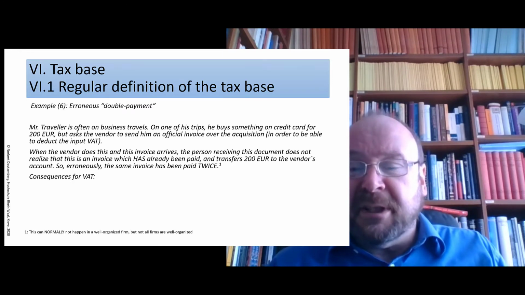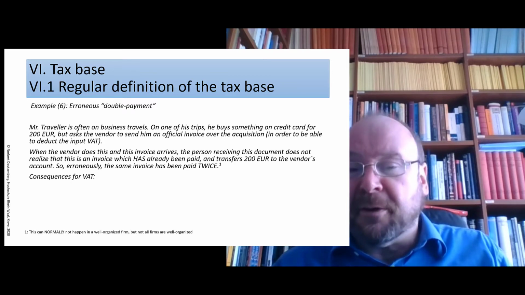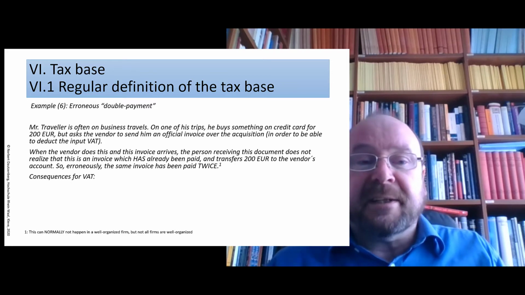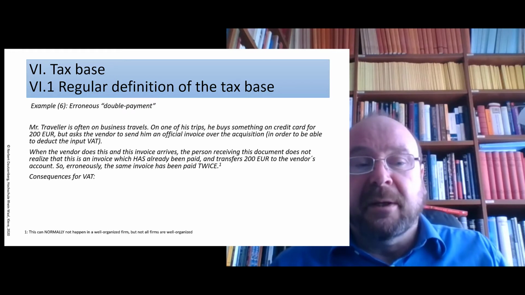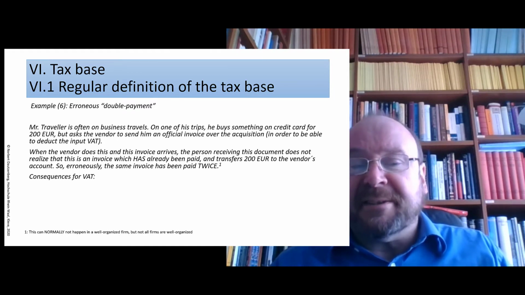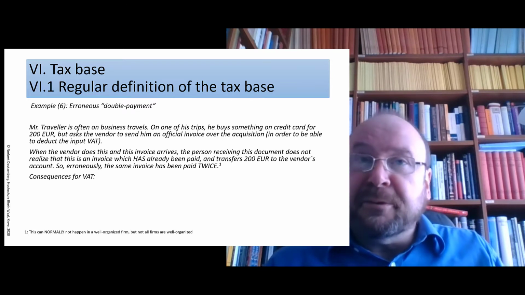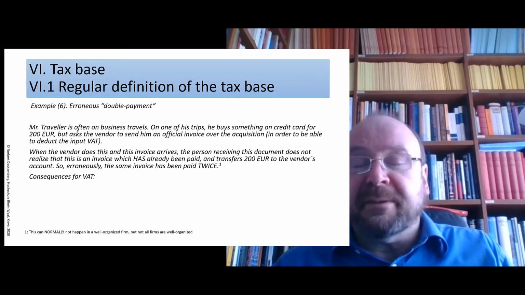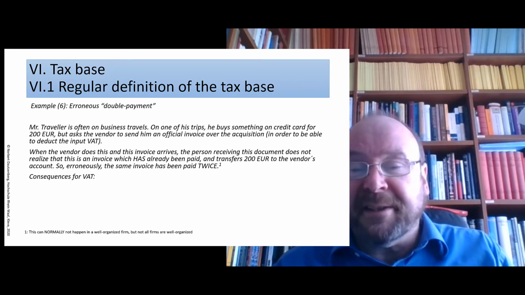Good. Because he wants to be able to deduct the input VAT, or he wants to have a document in case that something is wrong with the product and he has to invoke the warranty. Okay, so the vendor does this and sends the invoice home. Now, Mr. Traveler does not do his bookkeeping himself, but there is an employee or an outsider busy on that.